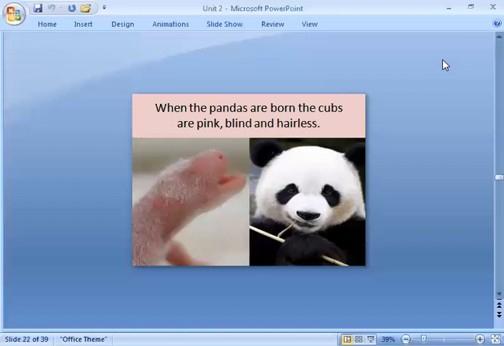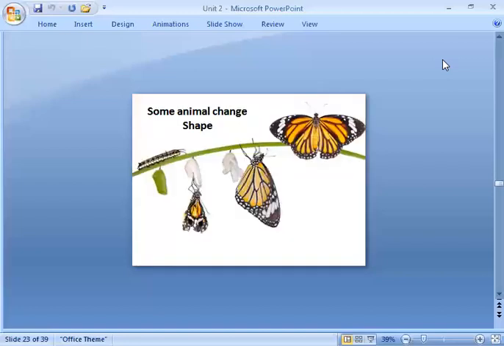When the pandas are born, the cubs are pink, blind, and hairless. Some animals change shape, like butterfly. Butterfly changes its shape from caterpillar to adult butterfly.